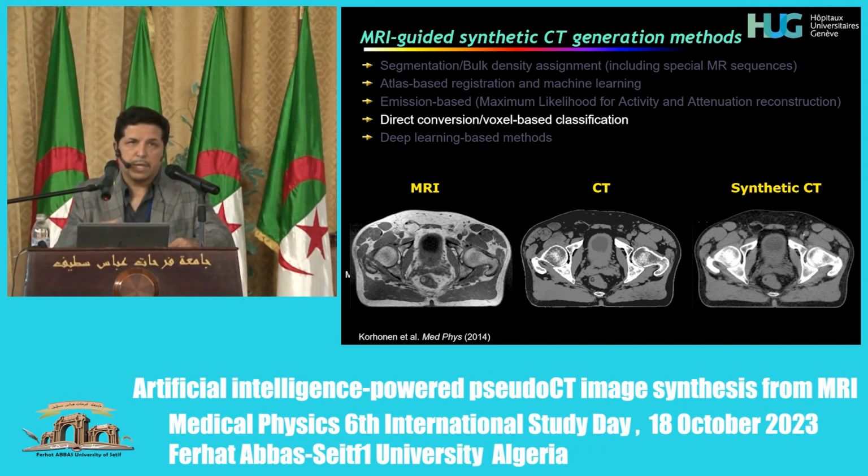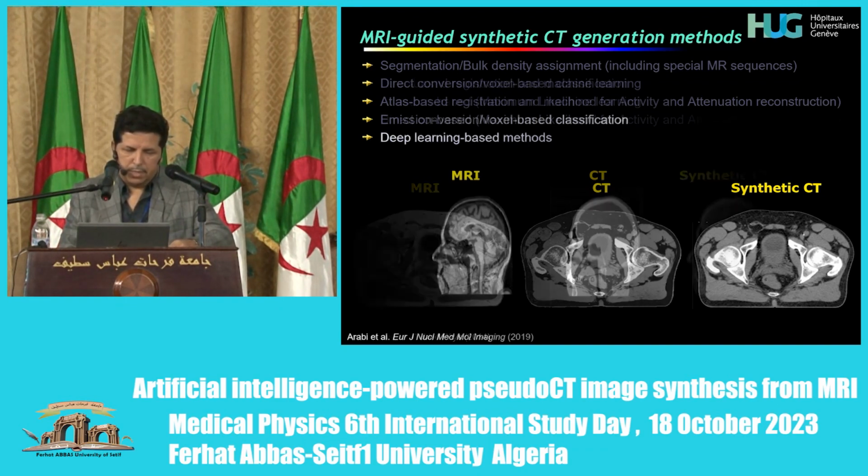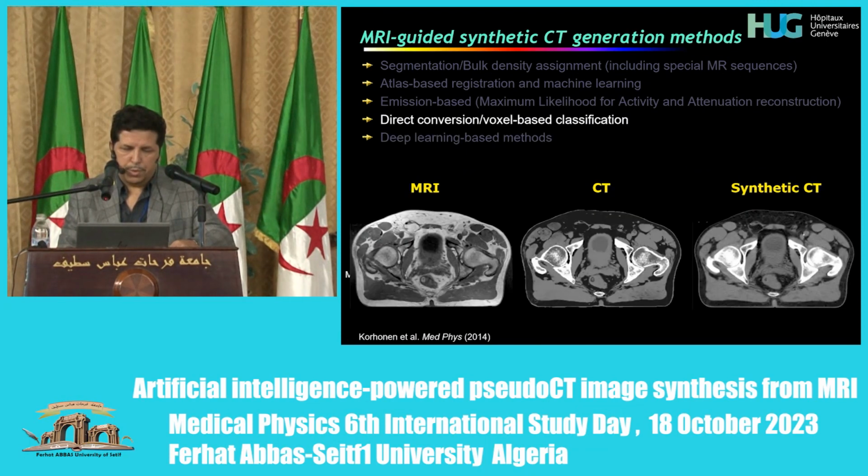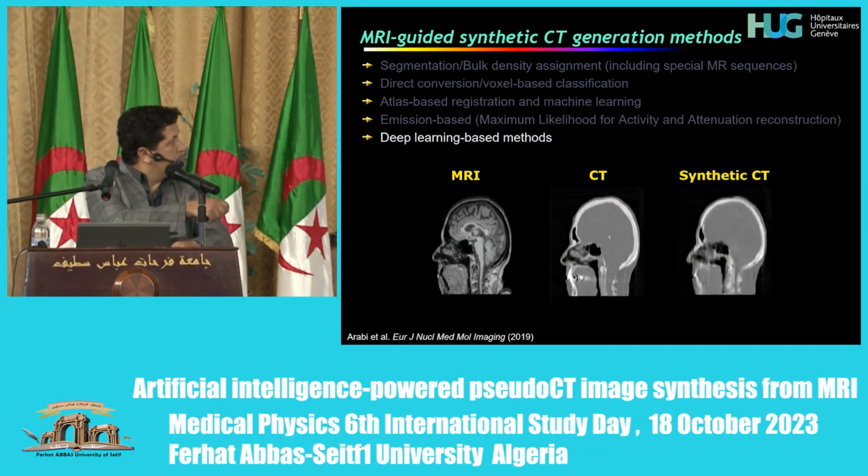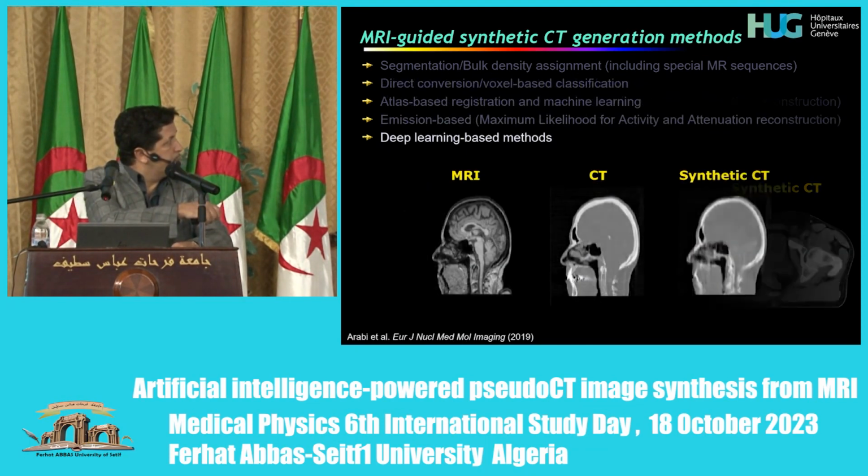So there are multiple statistical based techniques, regression, also some techniques that use multiple MR sequences, and this technique is used for kind of polynomial conversion based technique, and it really does a very good job in this respect.